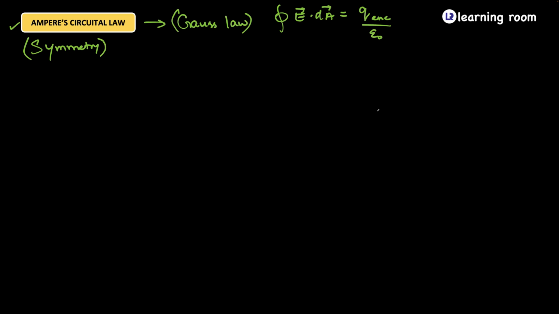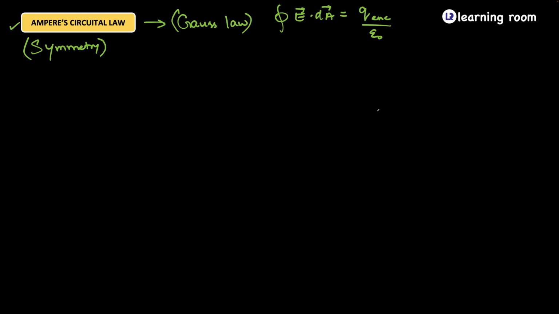And to calculate the electric field directly wherever symmetry was applicable, we had Gauss law. In a similar way, in this chapter, to calculate the magnetic field due to a current carrying conductor, we had Biot-Savart law. Right? Now wherever symmetry is applicable, to find the answer in a lesser time, we have something called Ampere's circuital law.